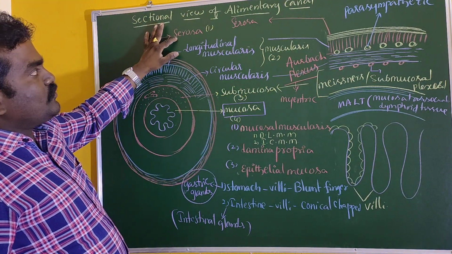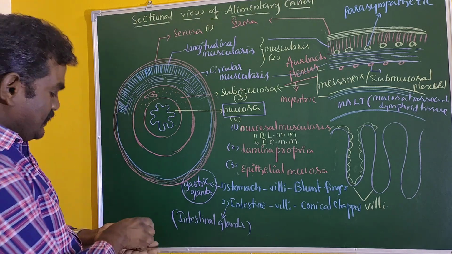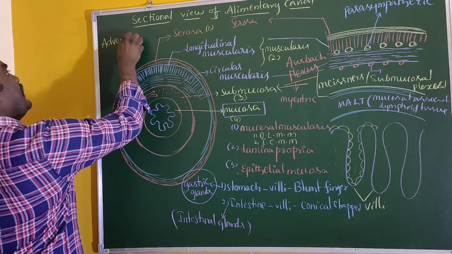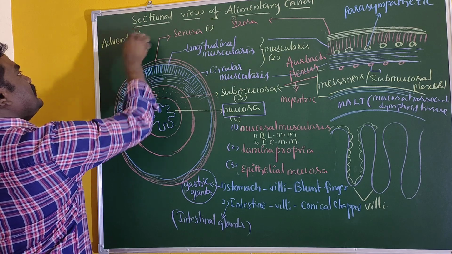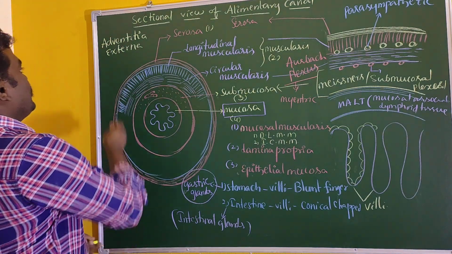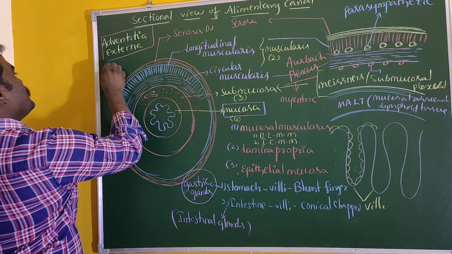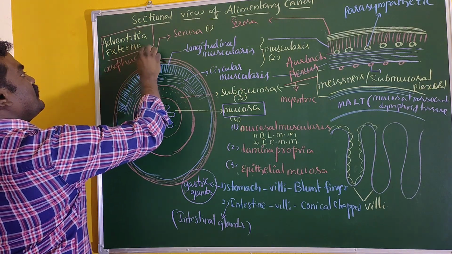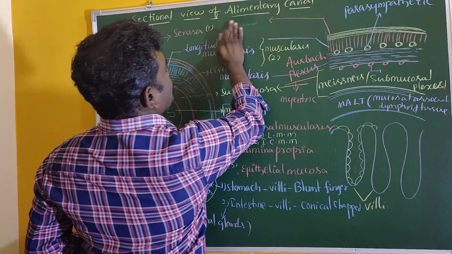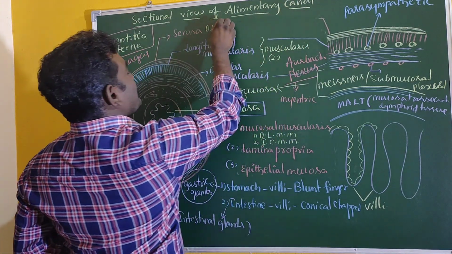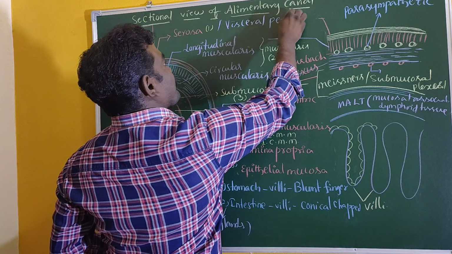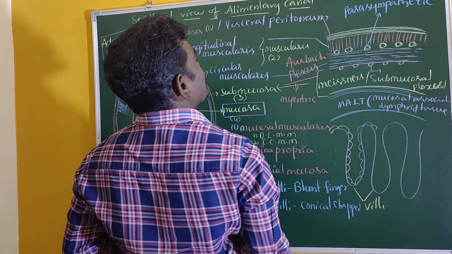Serosa is outermost, and it develops adventitia externa in the esophagus. In the rest of the alimentary canal, it is termed visceral peritoneum.